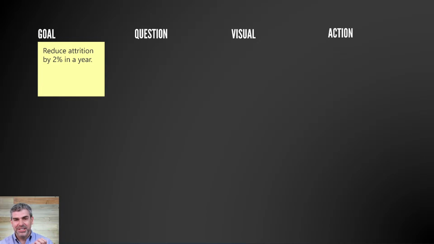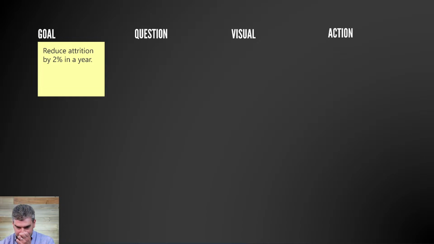It's really hard to build a dashboard that is going to be successful if we don't have defined, measurable goals. An easy one here could be reduce attrition. Sure, who doesn't want to reduce attrition? But no one's going to be held accountable to that. If you reduce it by one person in a year compared to last year and call that a win, technically it's reducing attrition. So goal formulation is vitally important.